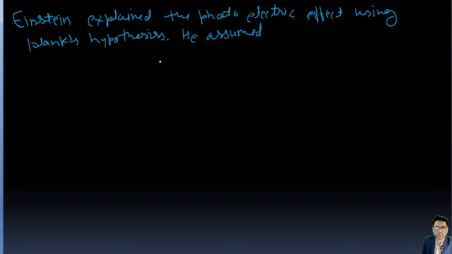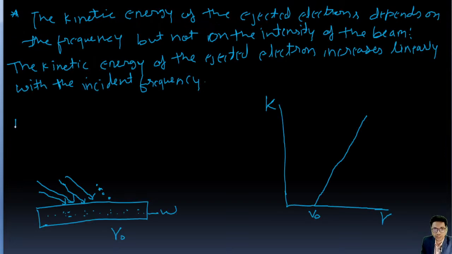Before that, I will also write here what is work function. Work function is the minimum energy required to eject an electron from a metal surface.